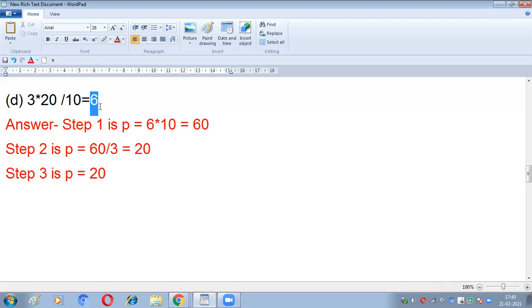So our solution as well as this result have matched, which means our value of P is correct. So 3p upon 10 is equal to 6, and 20 is the value for P. 20 is the answer for part D also.